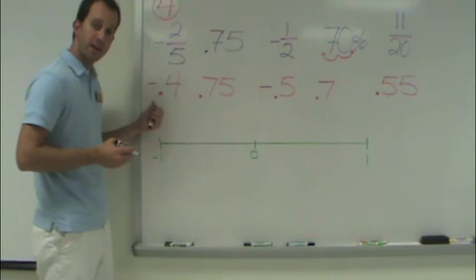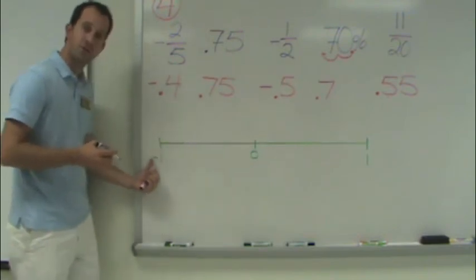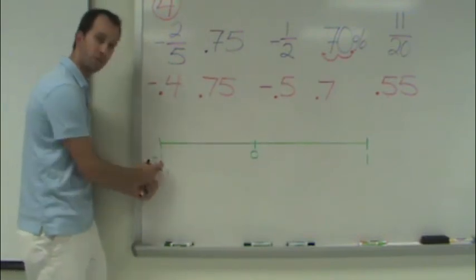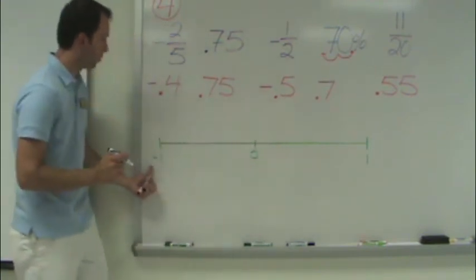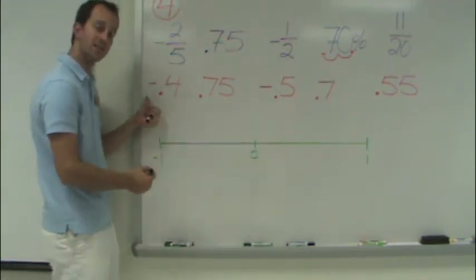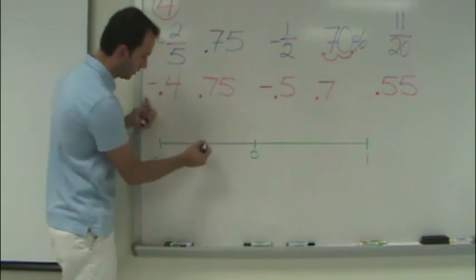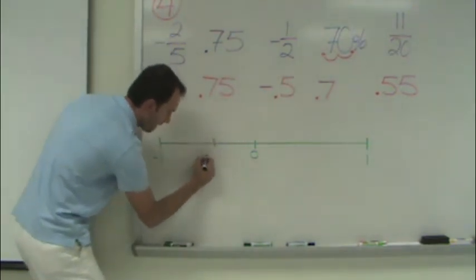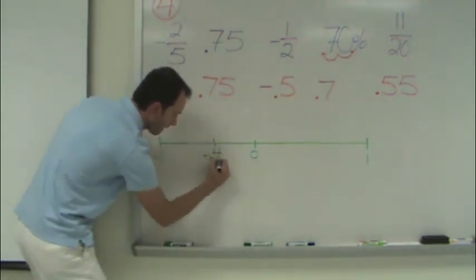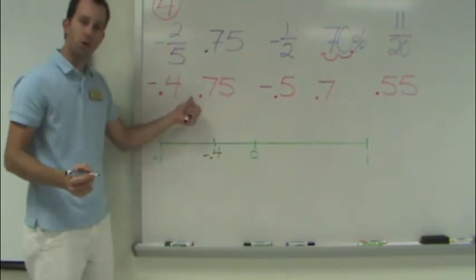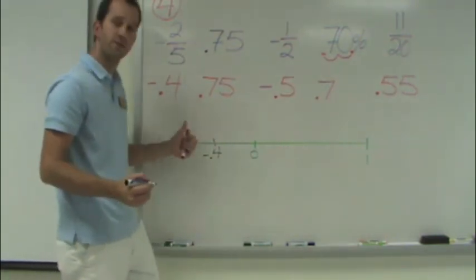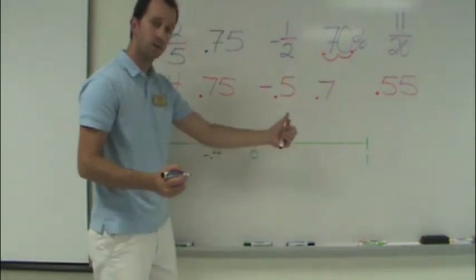My first number is negative 0.4. You can see I've created a number line down here going from negative 1 to positive 1. Negative 0.4 is a little bit less than halfway to negative 1. Then I'm going to look for where to put 0.75. 0.75 is most of the way to positive 1.